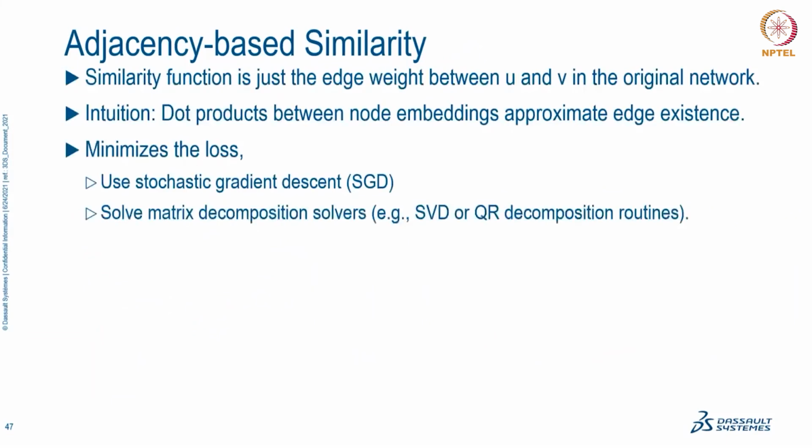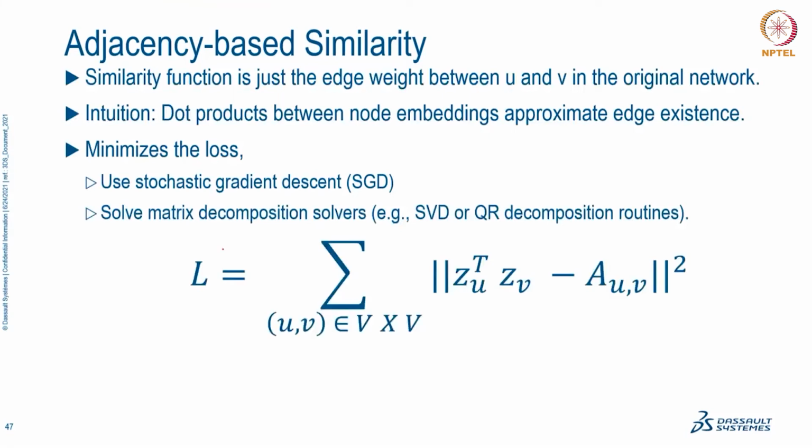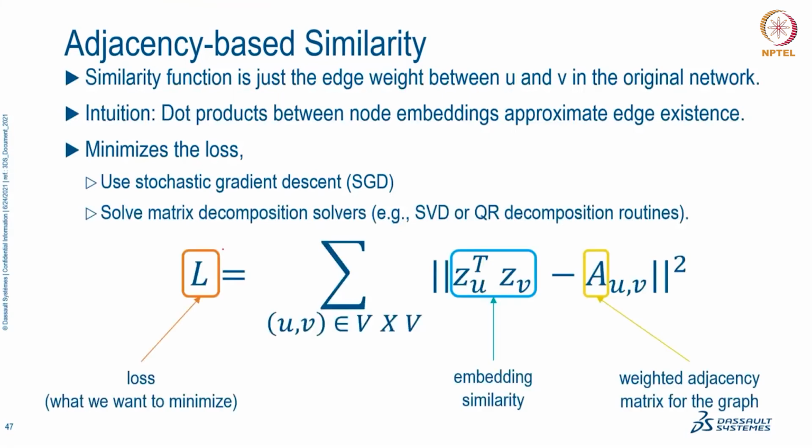Okay, so I'll just fast forward a little bit. So adjacency-based similarity: there is an adjacency matrix that we have formed, and this is the embedding space dot product that we have got. This is basically the weighted value in the adjacency matrix between U and V. For example, this is the U node and this is the V node.